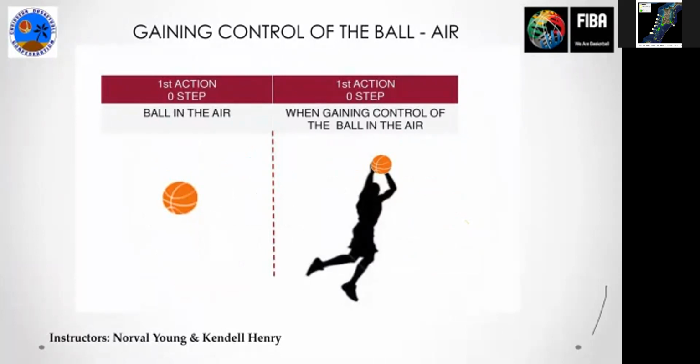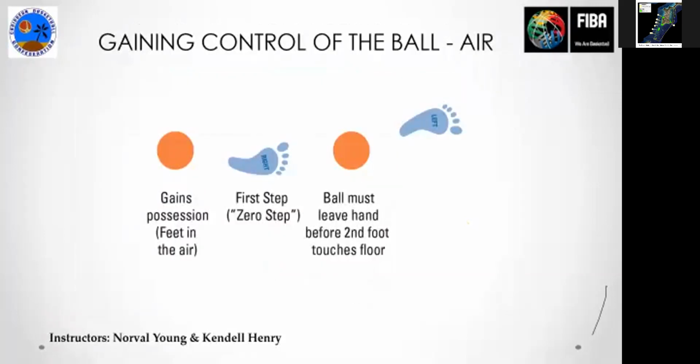Okay, the ball is passed in the air to a player who catches the ball in the air. Once he gains control of that live ball, that basically is 0. Whether he's in the air or on the floor, that is the 0 in the steps, right?